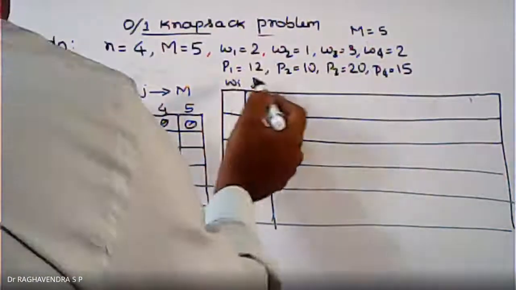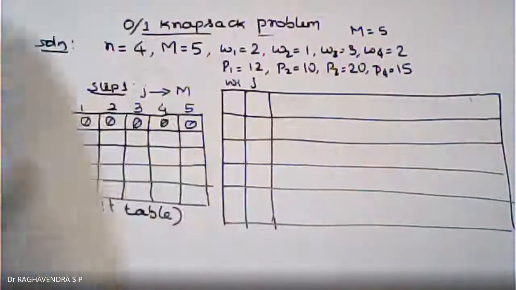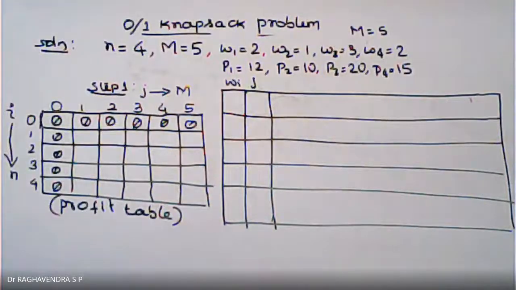So this is Wi and this is J. Let's fill in the first values. Look here for a minute, everyone.